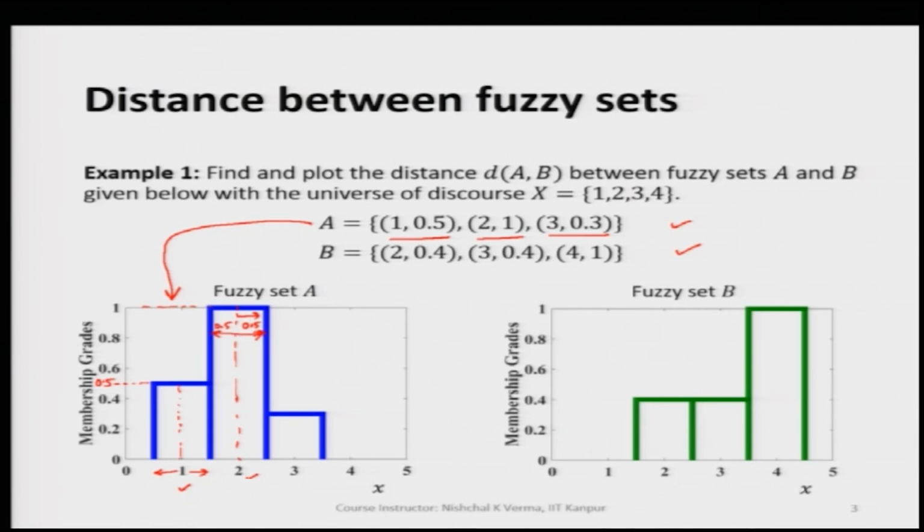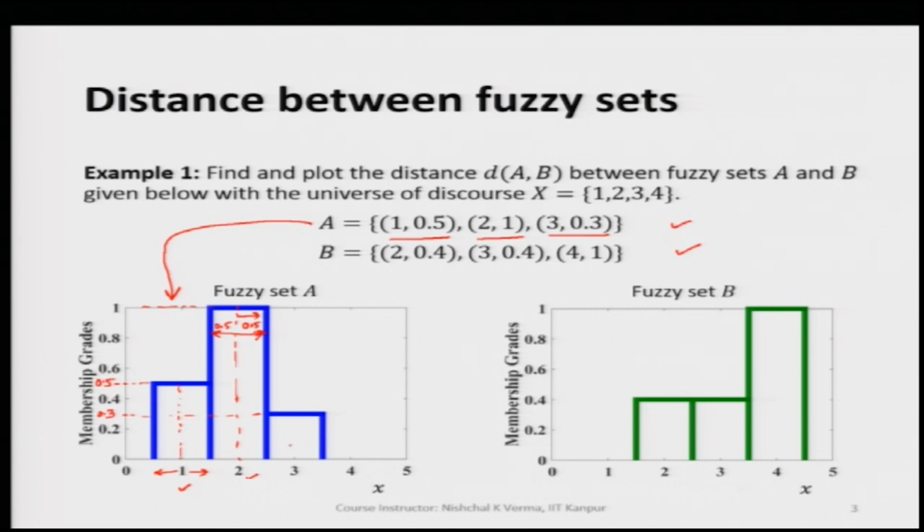Similarly, for the third element of the discrete fuzzy set A, we have 0.3 as the membership value, with 0.5 on the plus side and minus side, meaning left side and right side both.